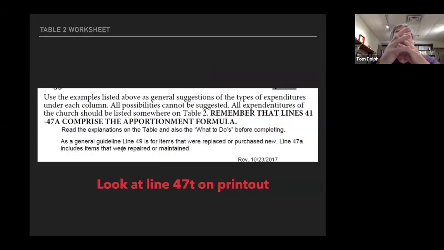The other two things that are important to note about the worksheet is that lines 41 through 47A are the figures that are used in the apportionment formula. So when you enter this online, you should also see a line called 47T. 47T totals for you only the apportionment, the items used to calculate the apportionment.